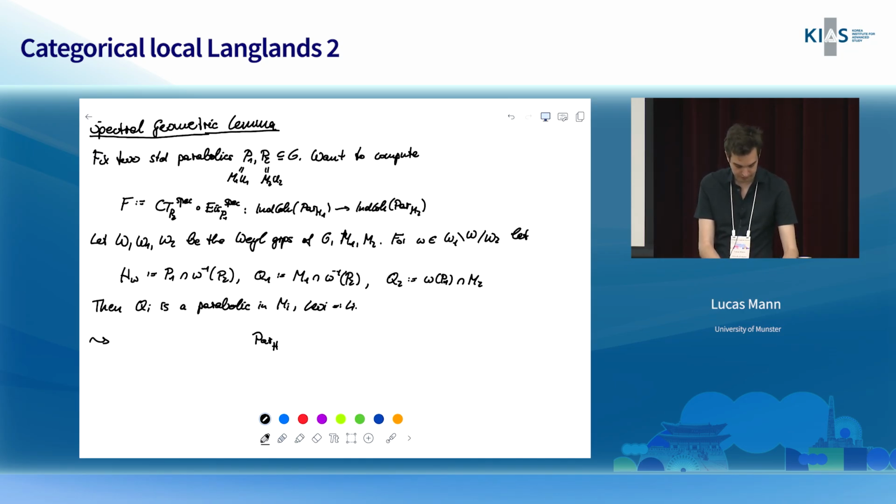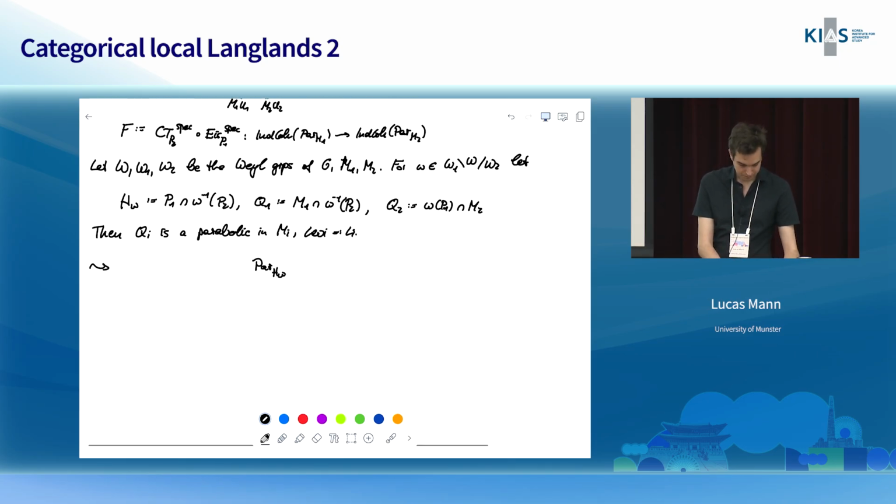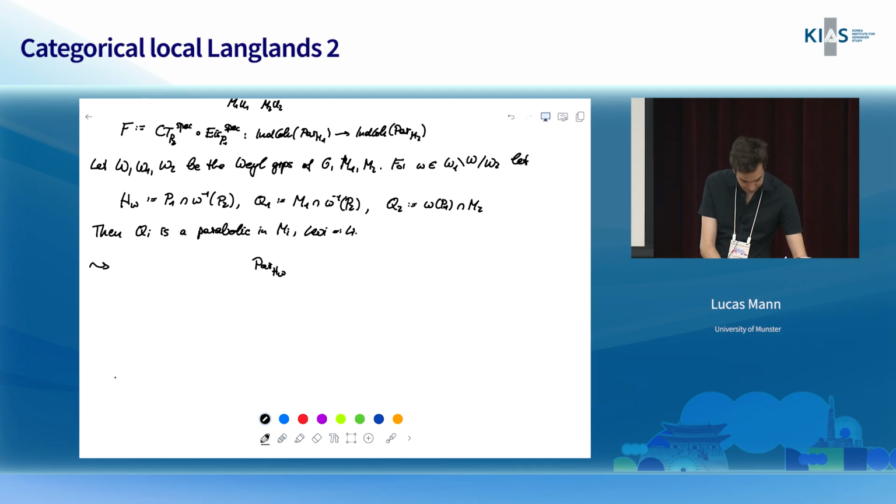So on the top I have the L parameter stack of this H_W. And then on the bottom I have the L parameter stack of M1, the L parameter stack of Q1, then the ones of L1 and L2, and they are isomorphic via this element W.